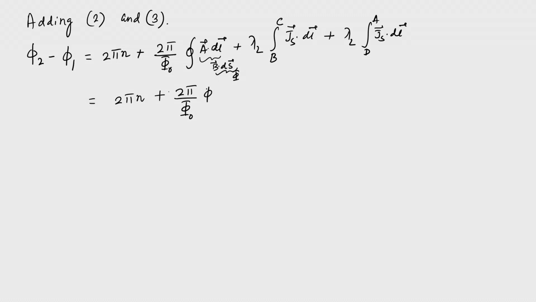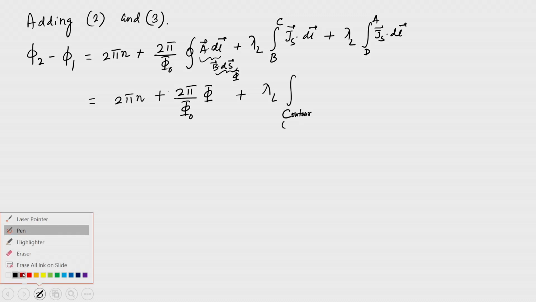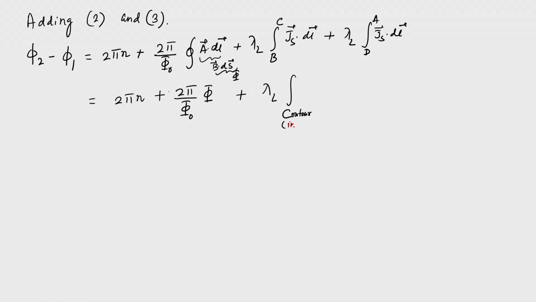So this is that flux phi, plus lambda L times the integral over the contour, let me just write contour in red color, of Js dot dl.